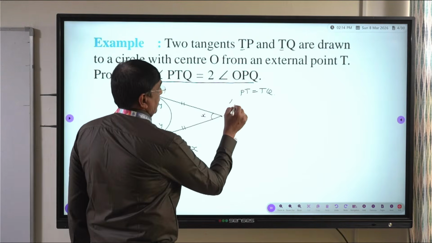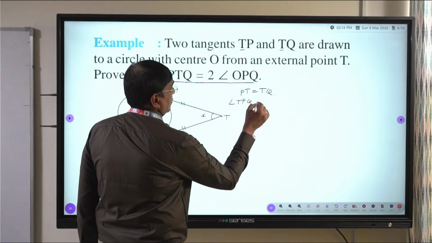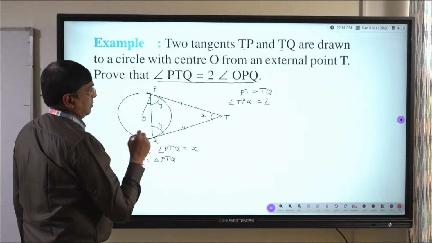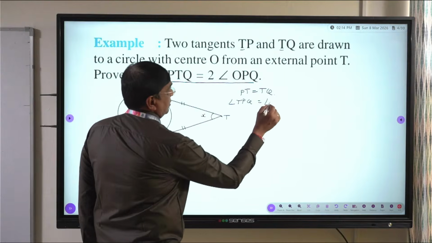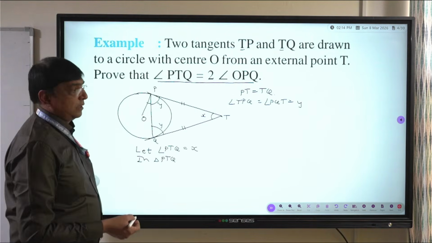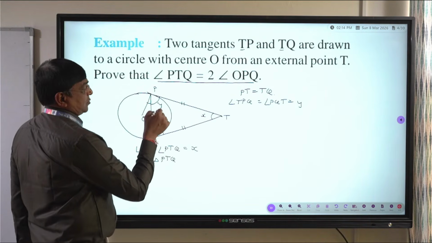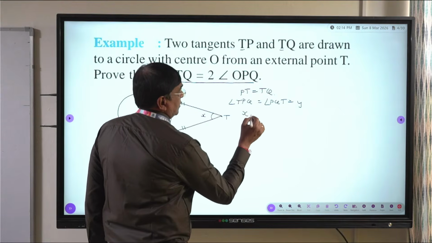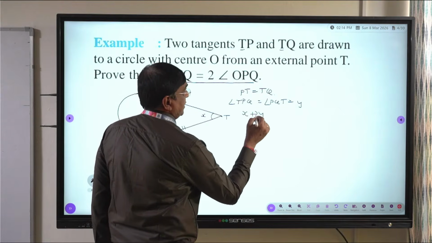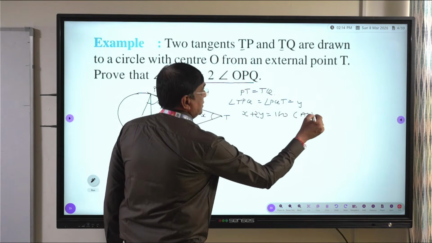So angle TPQ equals angle PQT, say both are y. Now using the angle sum property for a triangle, x plus y plus y, that is x plus 2y, is 180 by the angle sum property.